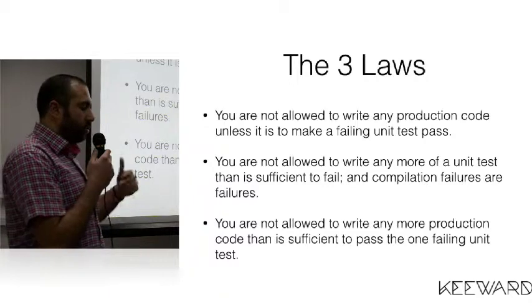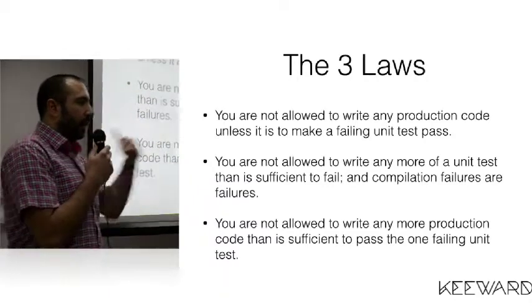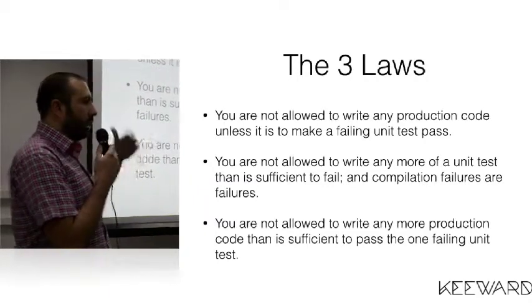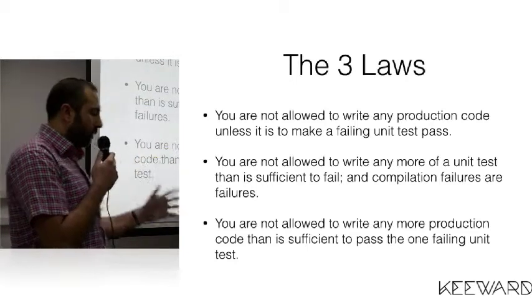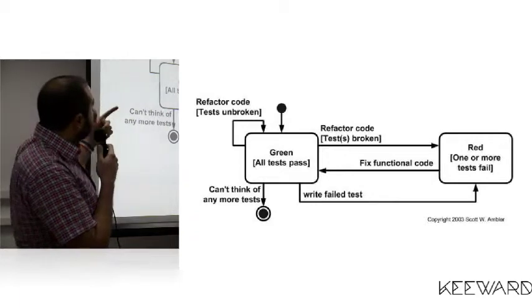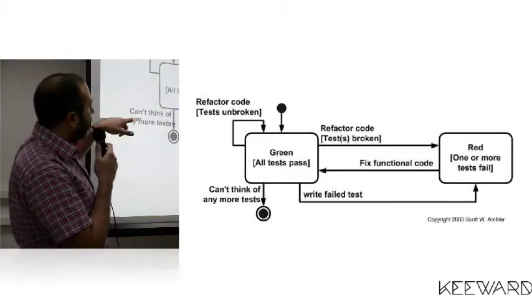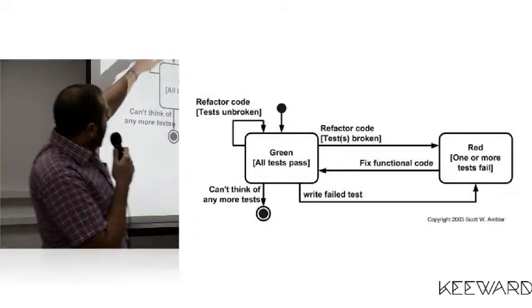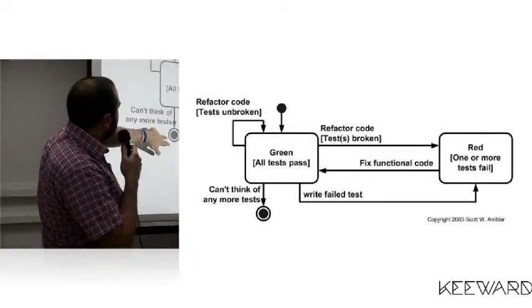This is for you to be able to write your code and make your test pass, and we'll see a little bit why those three laws are important. This translates into this workflow. You start at this point, obviously, and the finish point is here.